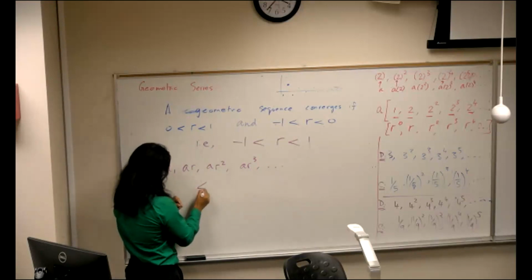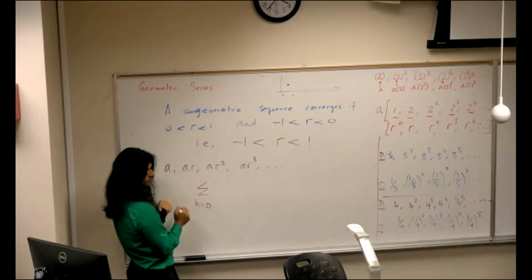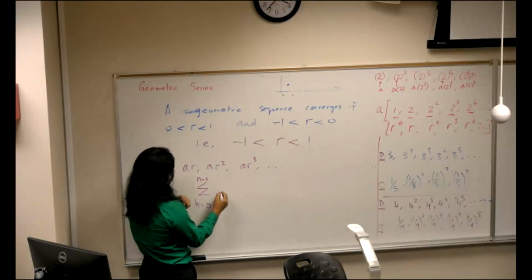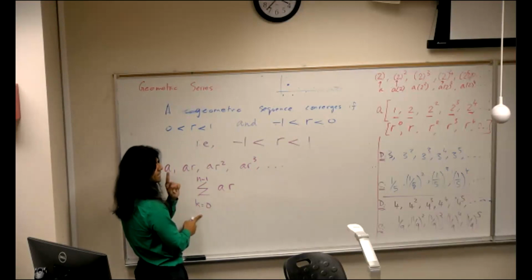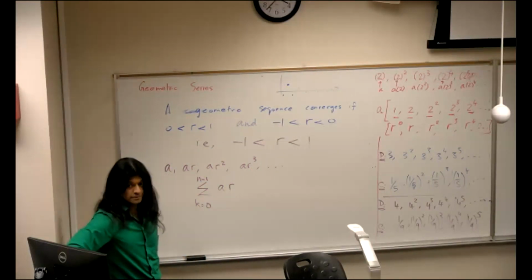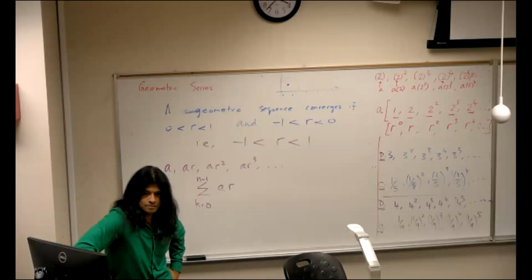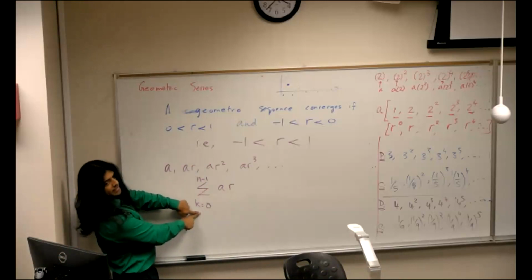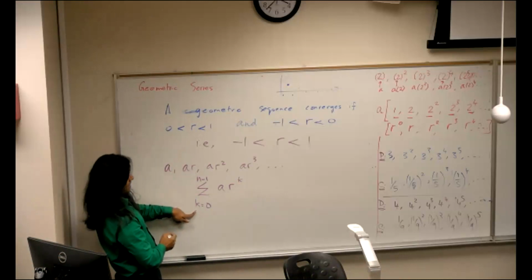In other words, you could have k equals 0 up to n-1 of A times R to the k. When you start at 0, what was there in the power for R? The general term, and you start at 0. In this case, it would be k, because the index is k.